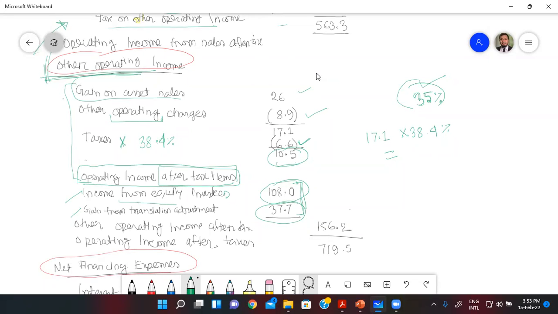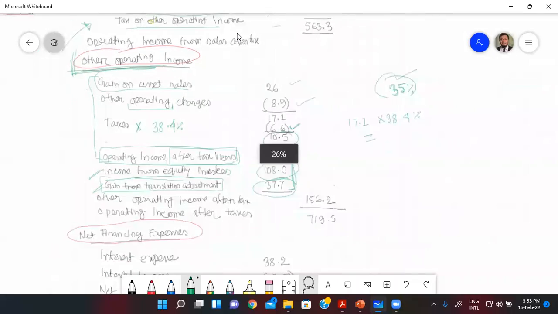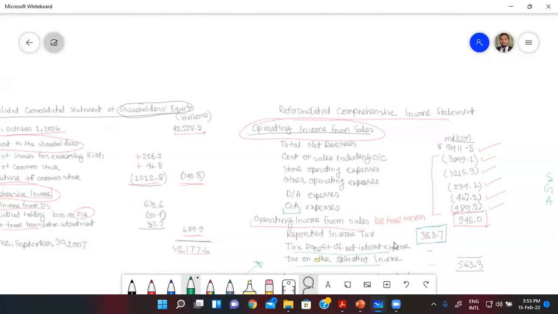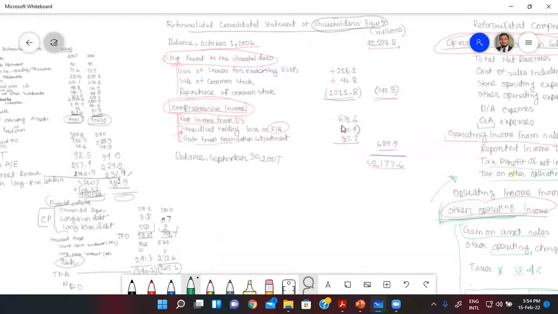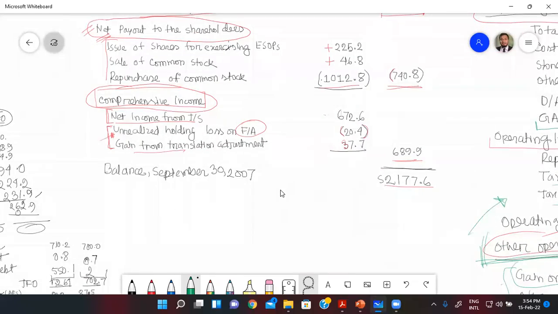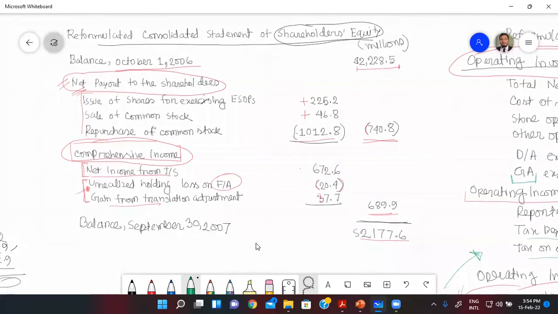Can you recall that we mentioned this item, the gain from translation adjustment? Let me take you to the reformulated statement of shareholders' equity. Can you see that we talked about it, the gain from translation adjustment?